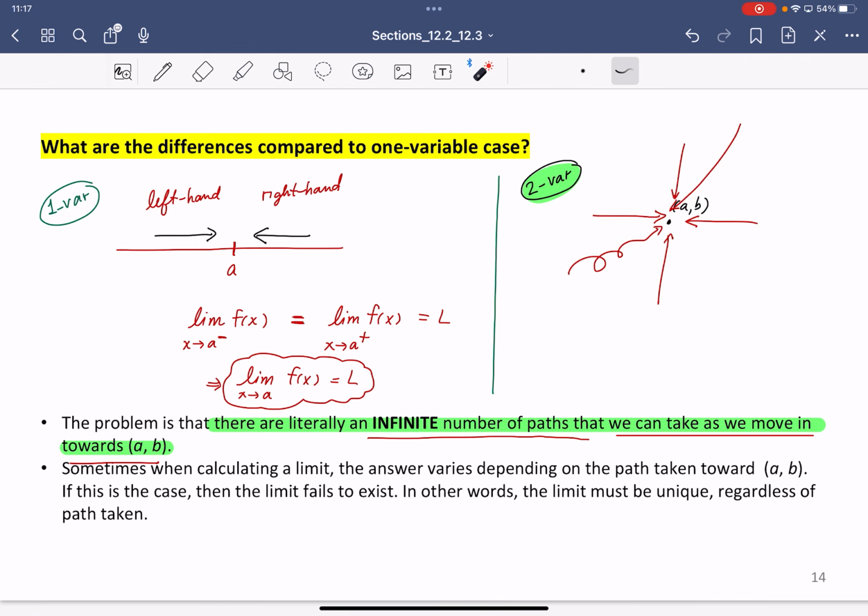But the limit must be unique. So we're going to use this technique: if we find any two lines where the limits are not equal, that the limits are different, we conclude that the limit does not exist. This is the idea.